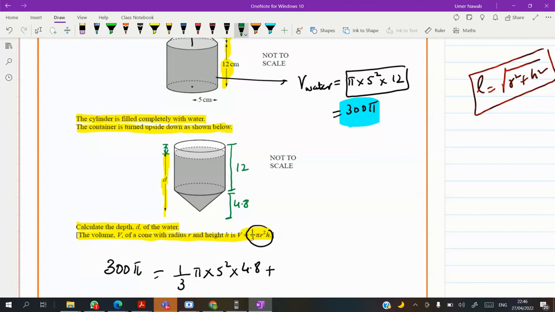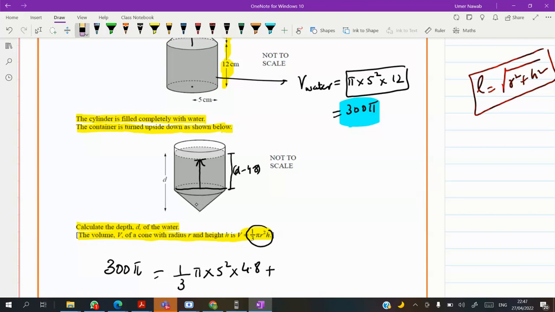If this one is 4.8, then this remaining will be D minus 4.8, because the total is D, and that height, 4.8, is already considered.